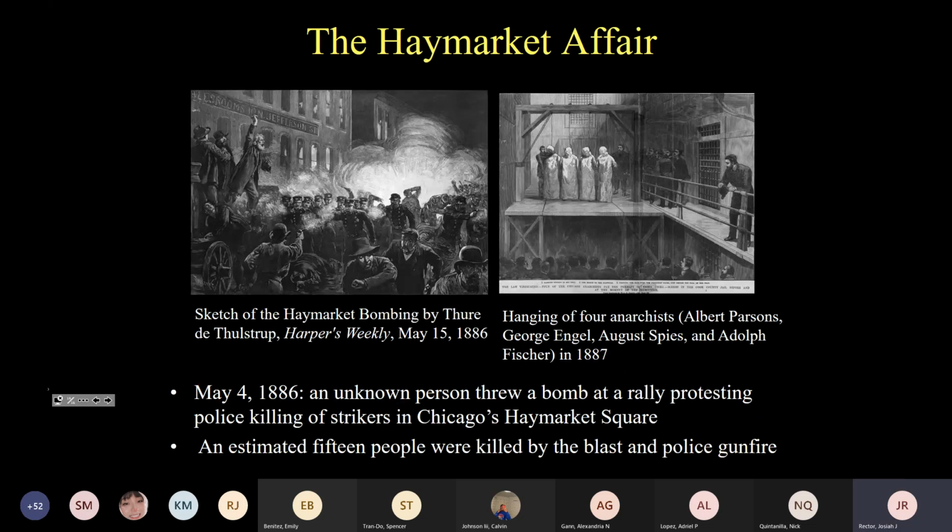Now, the agitation for the 8-hour day tragically was derailed in Chicago by a violent episode referred to by historians as the Haymarket Affair. So Chicago had grown rapidly from just a few thousand people in the 1830s to a large city of hundreds of thousands.